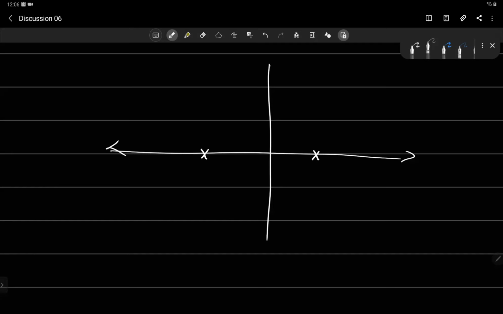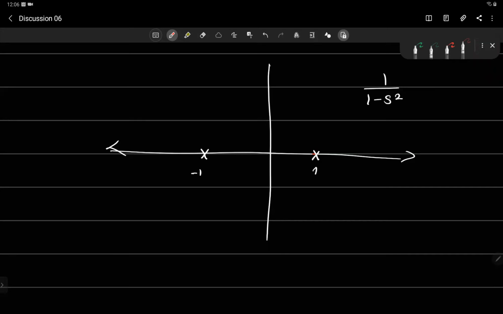For instance, this could be 1 and -1, so this could be s squared. So the transfer function would be 1 over 1 minus s squared, for instance. Okay, so the root locus will be something like this, and we will see why now.